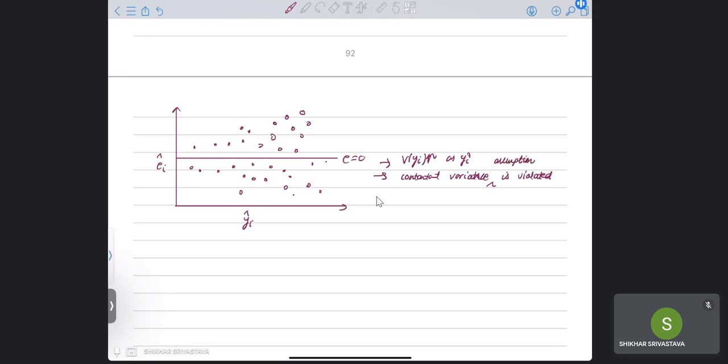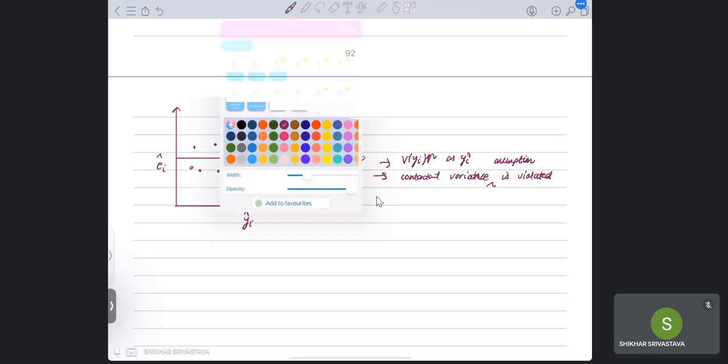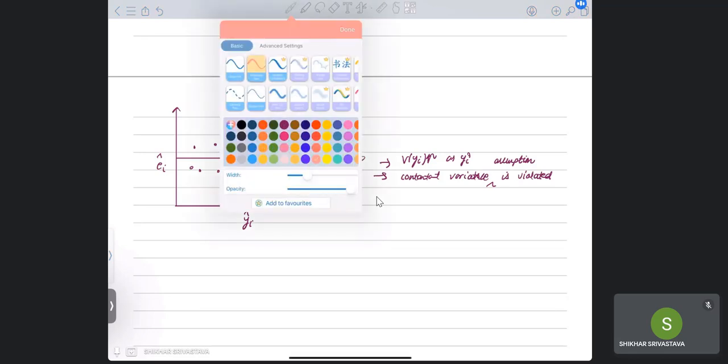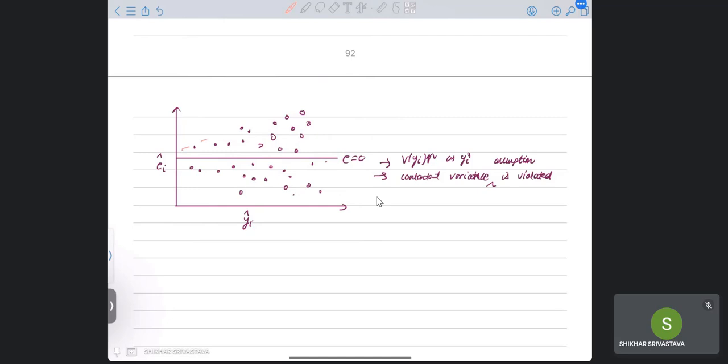It is a particular example of an outward funnel, a perfect example of an outward funnel residual plot.